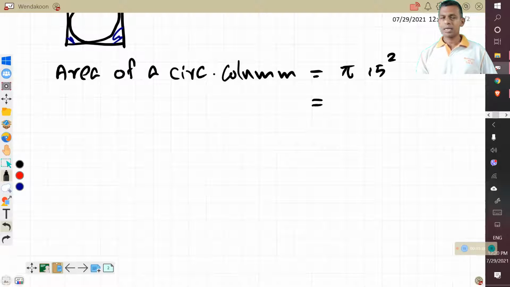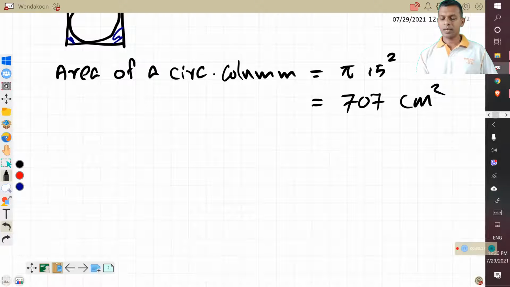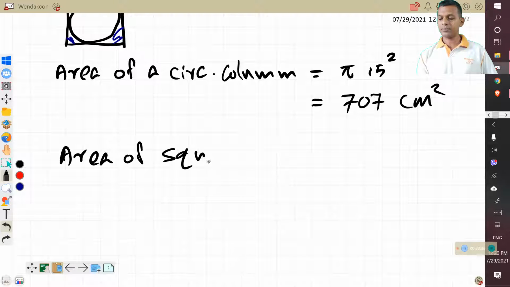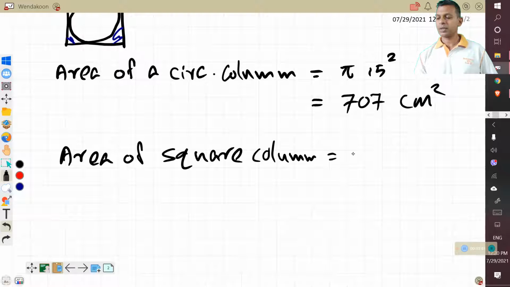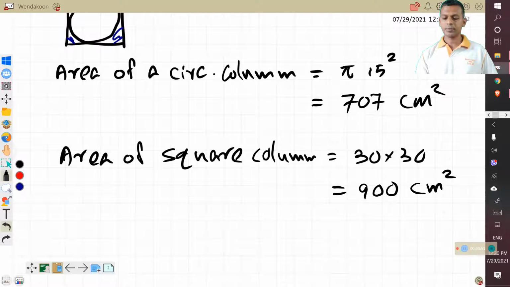This will give you nearly 707 square centimeters, and you can find the area of the square column, that is 30 by 30, 900 square centimeters.